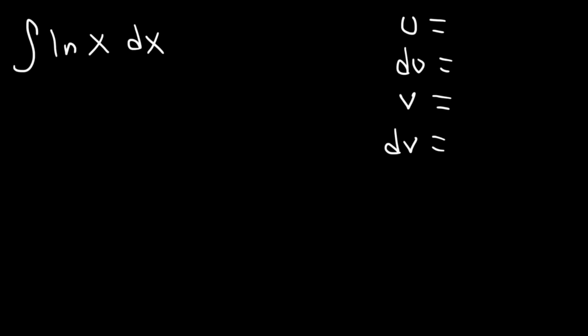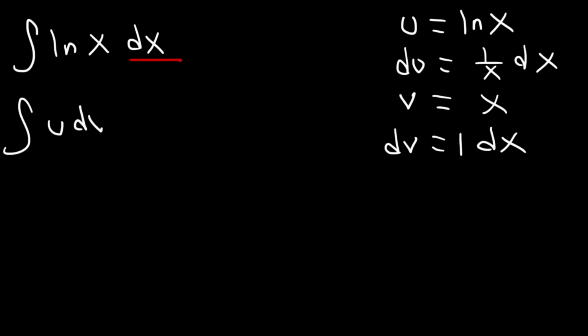We're trying to figure that out. So therefore we have to make u equal to ln x. The derivative of that is 1 over x dx. dv has to be just, we can make dv dx if we want to, or 1 dx. And so v, the integral of 1 dx, is just x.